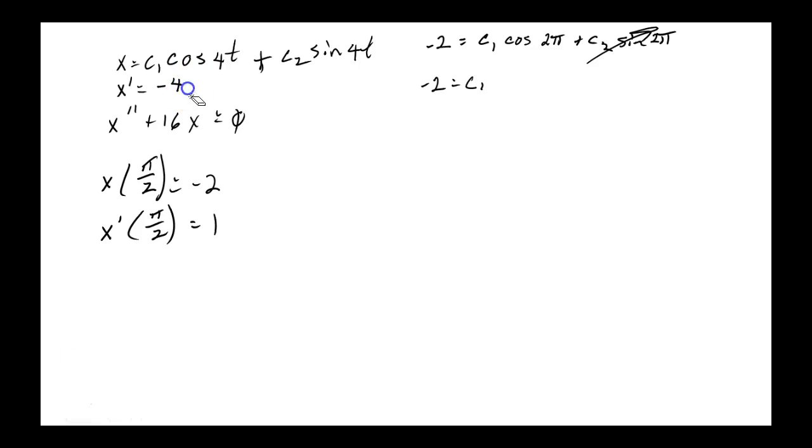So let's go on and plug that in. -4 times -2 times cosine of, let's leave the 4t in there, and then the derivative of the second part.